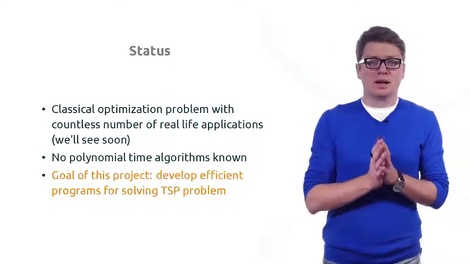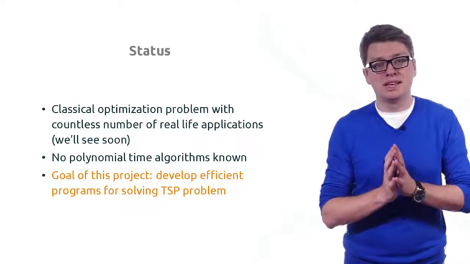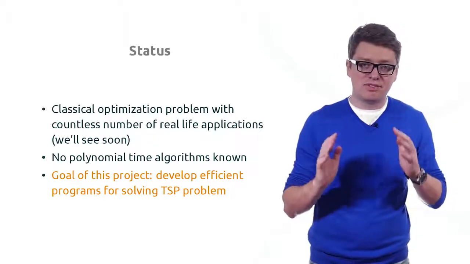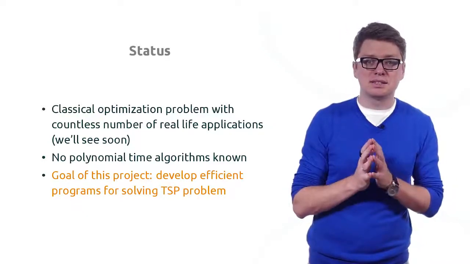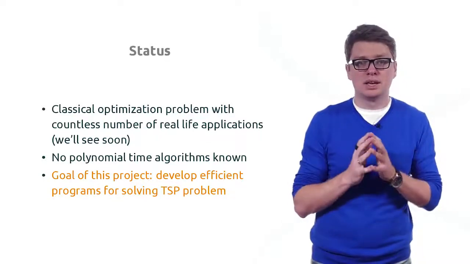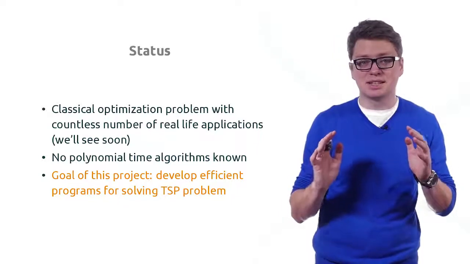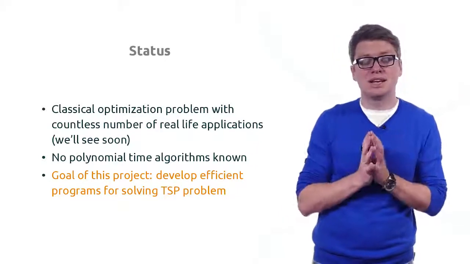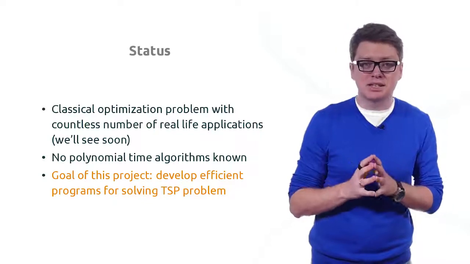Okay? The goal of this project, as I mentioned already, is to implement efficient programs that can solve instances consisting of, say, 20 or 30 nodes quickly in practice, and that can solve such graphs exactly, and that can solve much larger instances approximately.